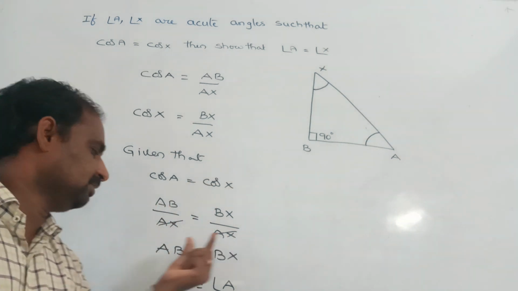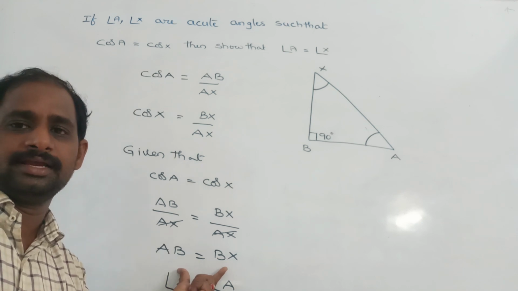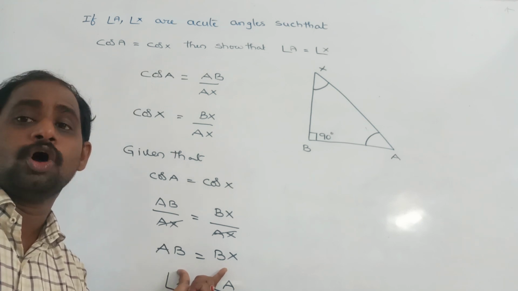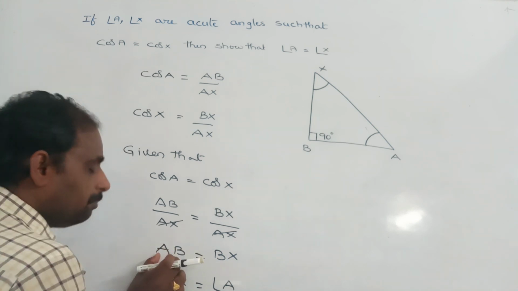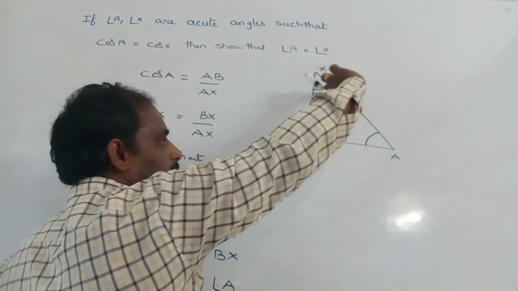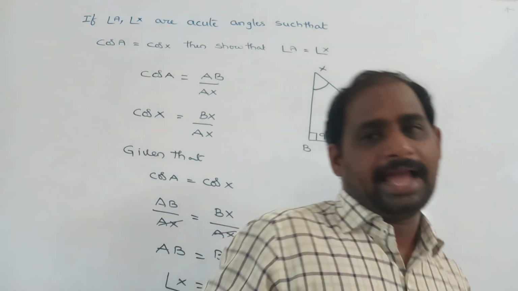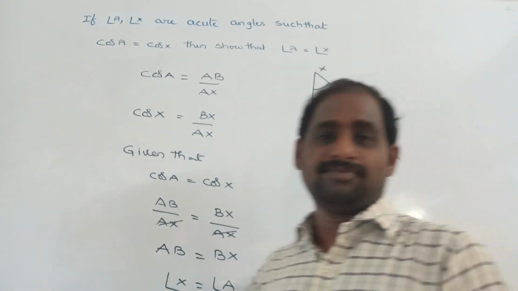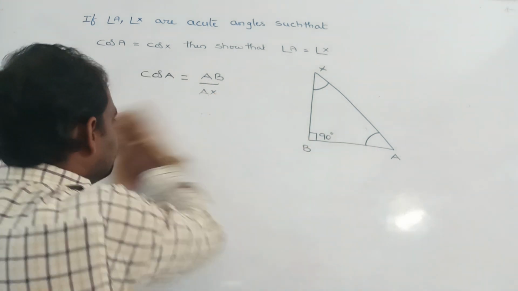AX gets cancelled, so two sides of the triangle are equal. If two sides of a triangle are equal, the angles opposite to the equal sides are equal. AB's opposite angle is X, BX's opposite angle is A. So angle A is equal to angle X. This is one of the methods to prove the same condition.